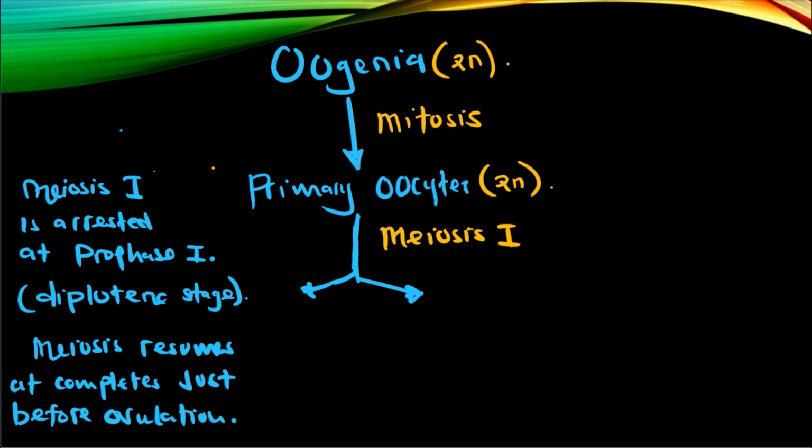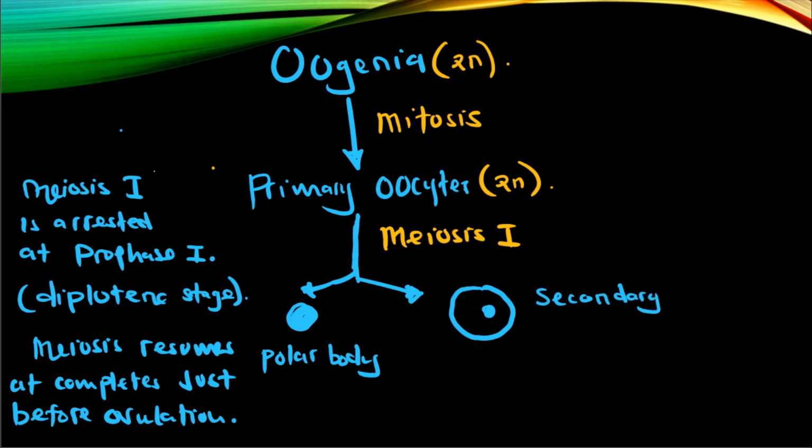When meiosis 1 completes just before ovulation, it will give rise to a polar body. This polar body is a non-functional cell. It will also give rise to a functional cell that is called a secondary oocyte.